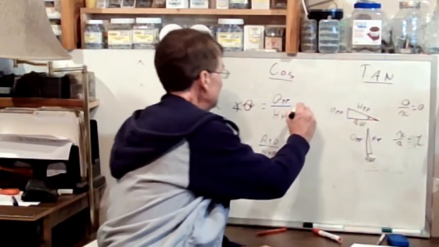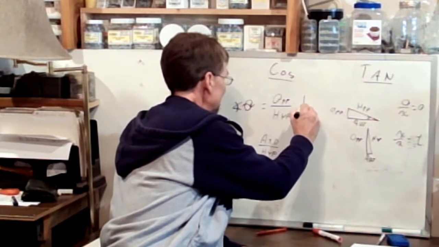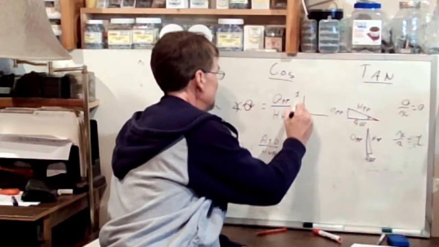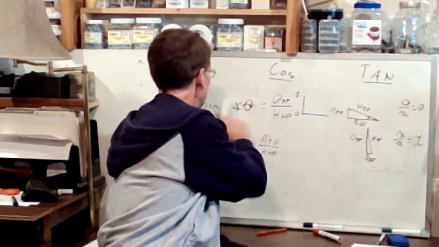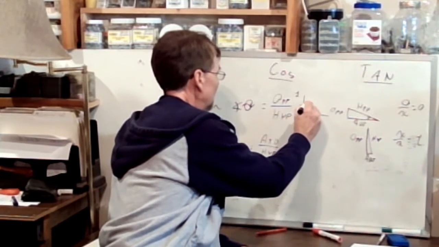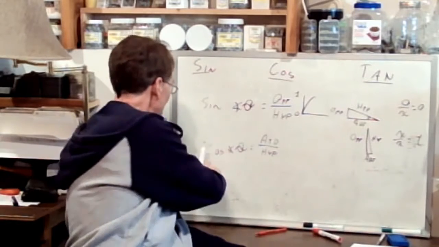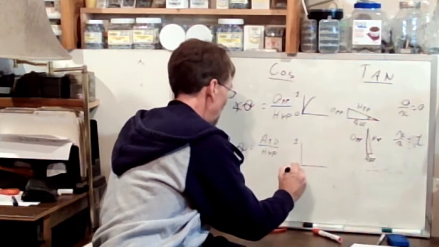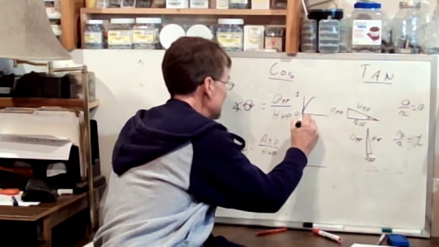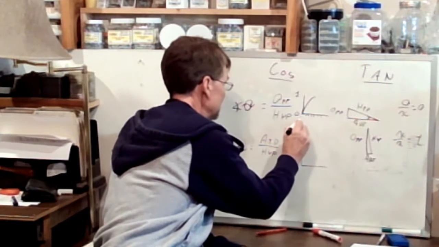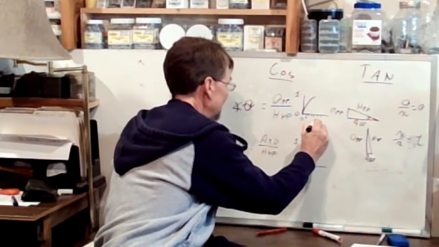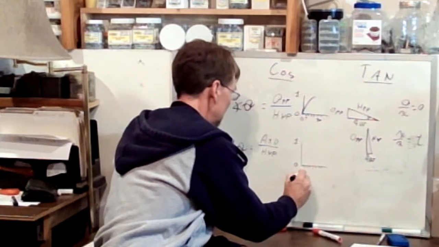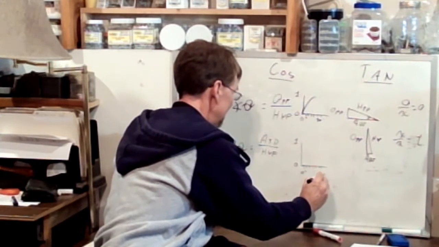So sine, if we were to graph this, and this is 1 and this is 0, sine begins at 0 and builds to 1. The cos, if we look at the same situation, that's a 1 there and that's a 0, and this is the angle, from 0 degrees to 90 degrees.